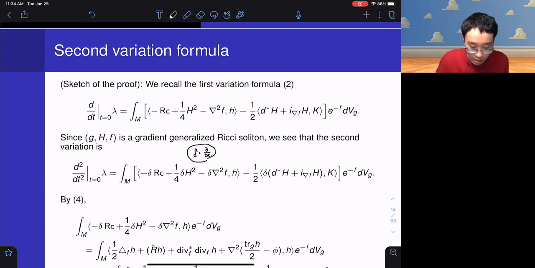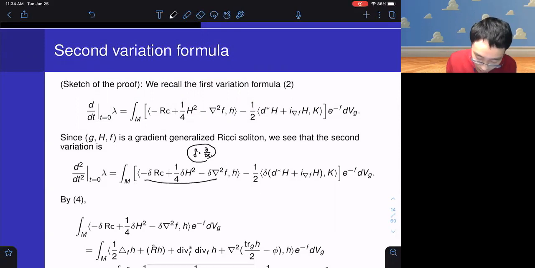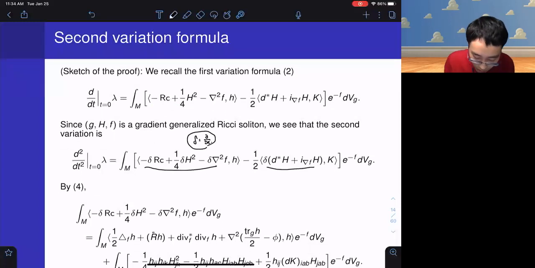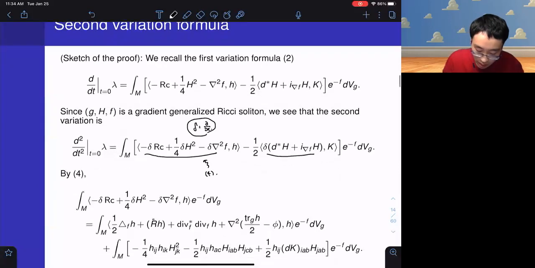So if I take this, then we need to compute this part and this part. This part is actually coming from our equation 4, the first computation result we mentioned before. So this is done.